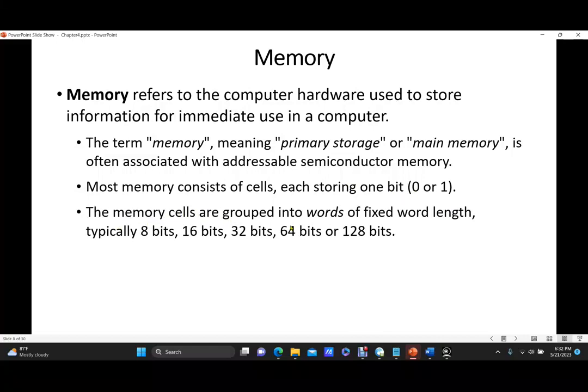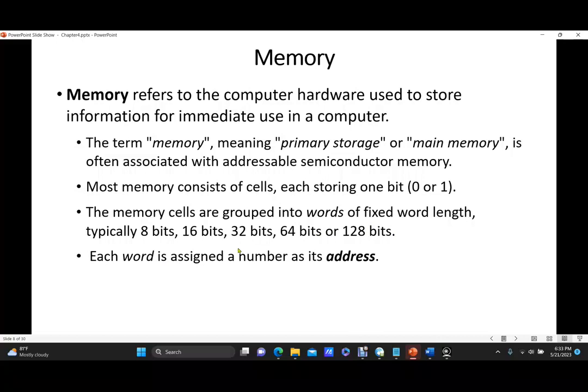Memory cells are grouped together into words. Typically 8 bits in a word, or 16 bits in a word, or 32 bits, or 64 bits, or in some computers, 124 bits.